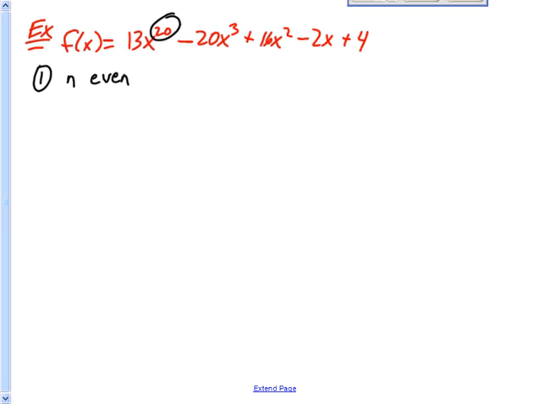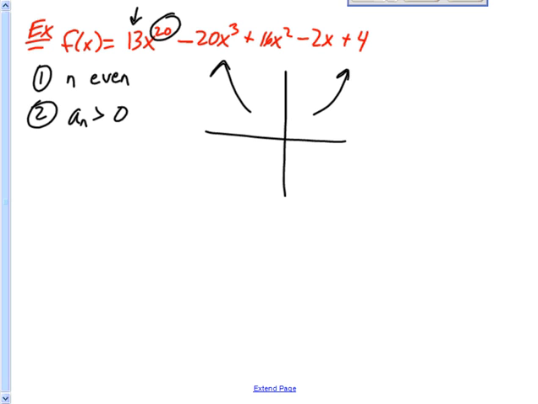That means on that other page, it's going to behave either like x squared or negative x squared. It depends on that leading coefficient. You see that leading coefficient is 13? A sub n is positive. The leading coefficient is positive. That means it behaves like x squared. Again, I don't know what's going on in between, but I do know the graph goes up to the left, up to the right.